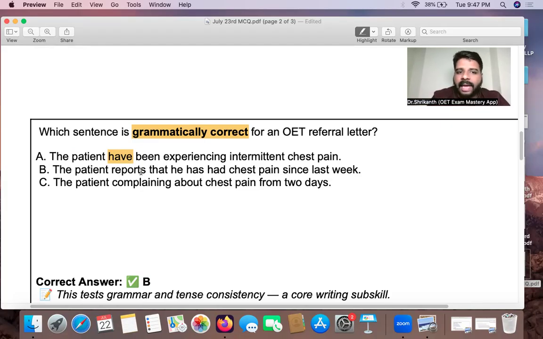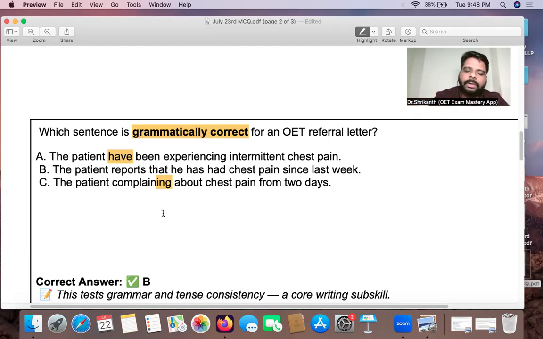So the patient has been will come. Okay, the patient has been experiencing intermittent chest pain. So we cannot choose answer option A, right? Now, what is C option telling? The patient complaining about chest pain. The patient has been complaining. Say, ing is coming. Ing is what? Present continuous tense. So has been, or you can even say the patient is complaining.